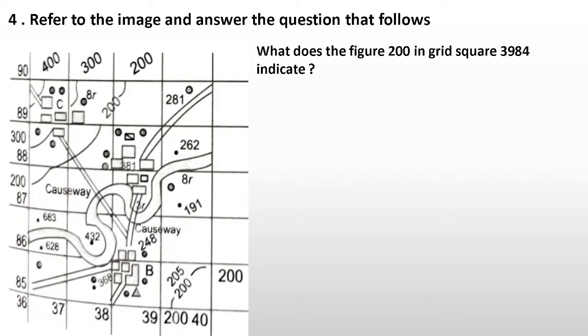And the question is, what does the figure 200 in the grid square 3984 indicate? Look at the image properly.